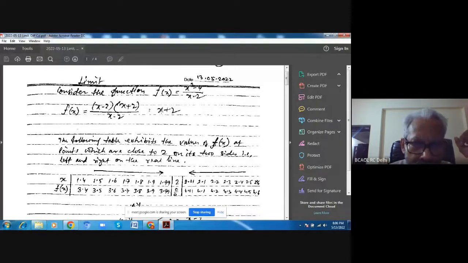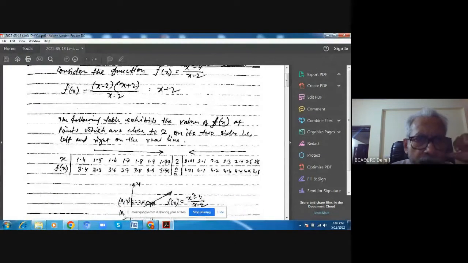Here you see, suppose the x limit you are selecting is 2. So if we plot it, there are two things. One is your x and another is your function of x. There are two rows. The first row we are putting x, and then function of x.